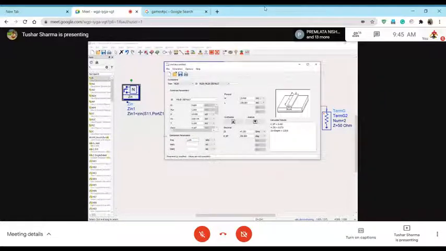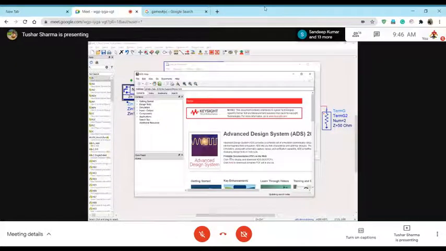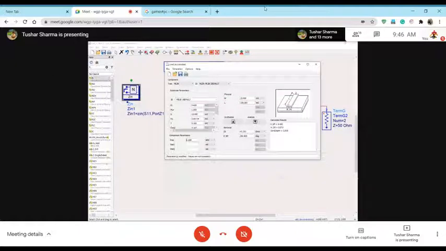Say I am designing something at 1 gigahertz. This is what a transmission line looks like: there is this copper and then this ground. It has a width and a length. The white part is the substrate, and this is the back metal.